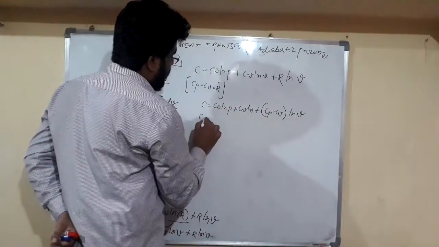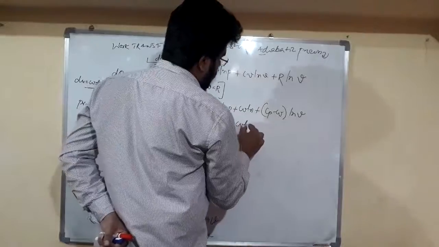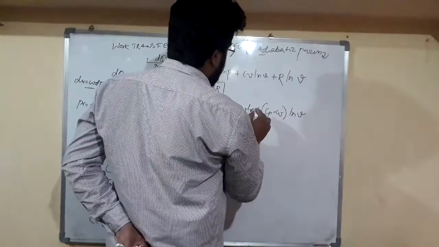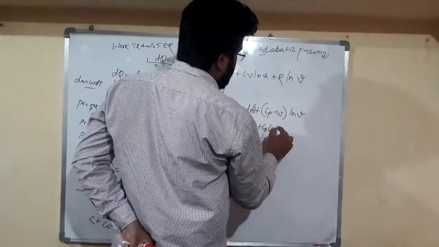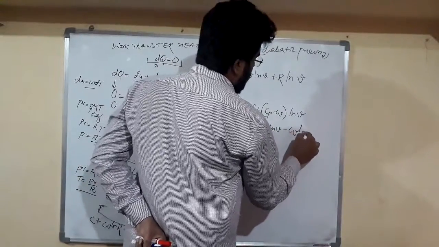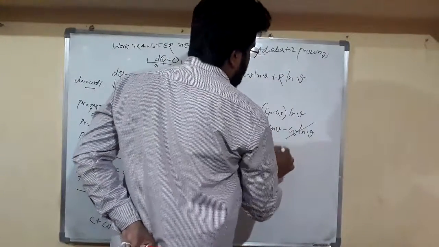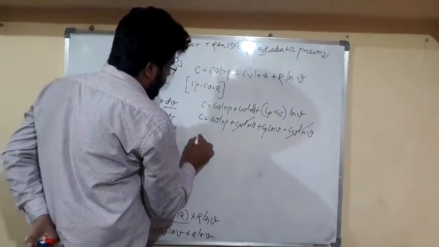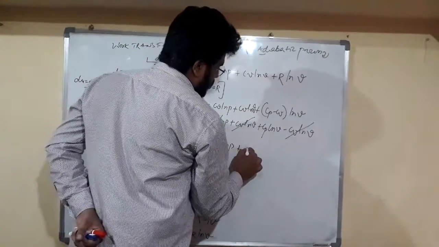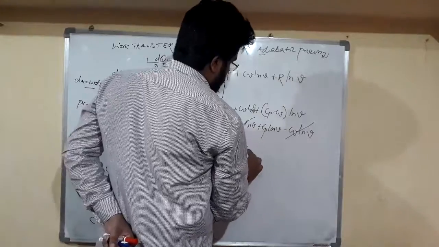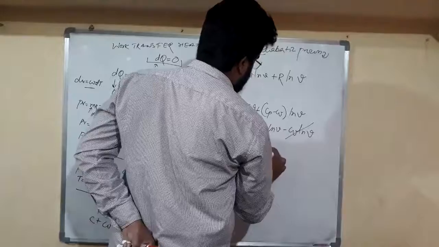Now friends, we can write c is equal to cv ln p plus cv ln v plus cp ln v minus cv ln v. So friends, this cv ln v and cv ln v get cancelled, and we can write it as c equals cv ln p plus our cp ln v.